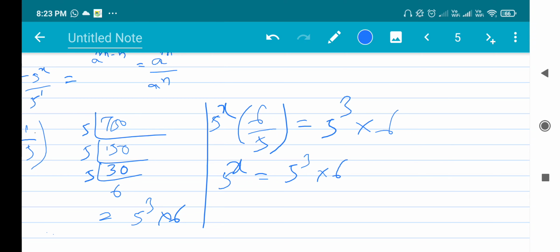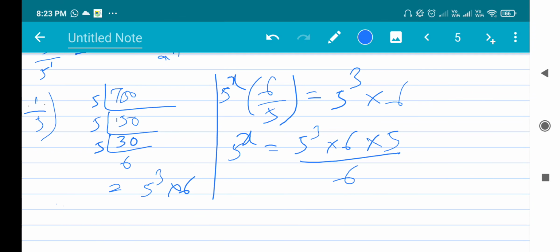By cross multiplying, into 5 upon 6. Got this? Good. So next, 5 to the power of x is equal to 5 to the power of 3 into 5, as the 6 gets cancelled. 5 to the power of 3 into 5 to the power of 1: a to the power of m into a to the power of n is a to the power of m plus n, so 3 plus 1 is 4.